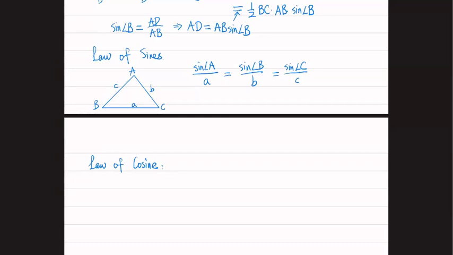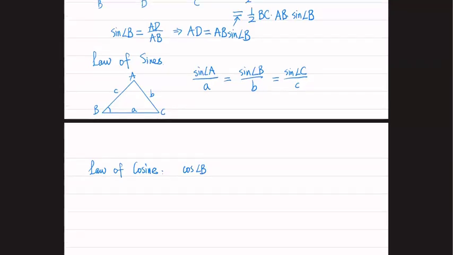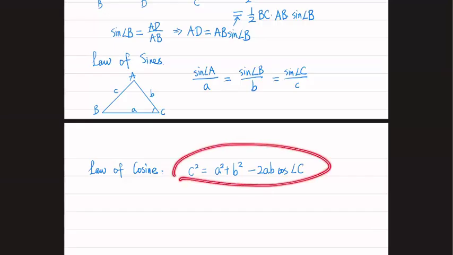Okay, we check with cosine B, just for example, so cosine B. There are different ways. First, the product C. The importance of this formula is, let's consider a special case.